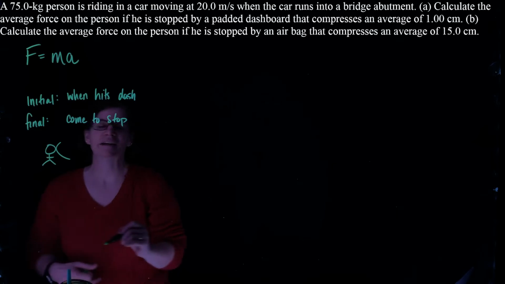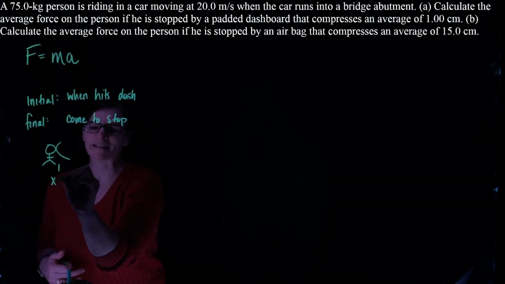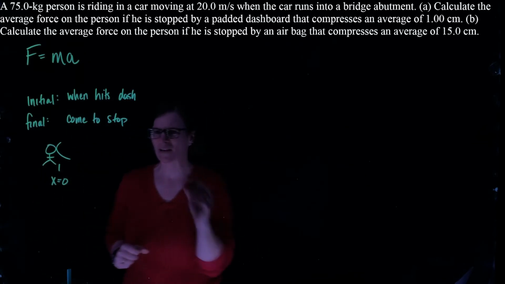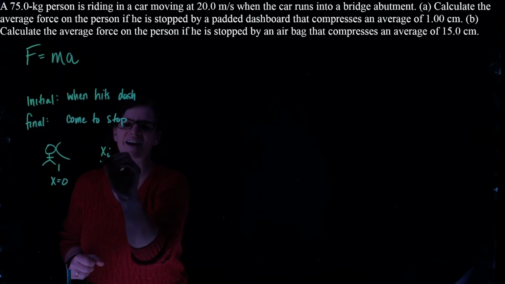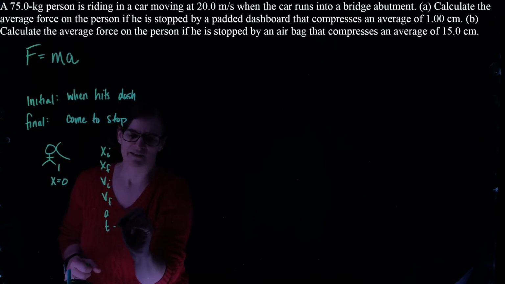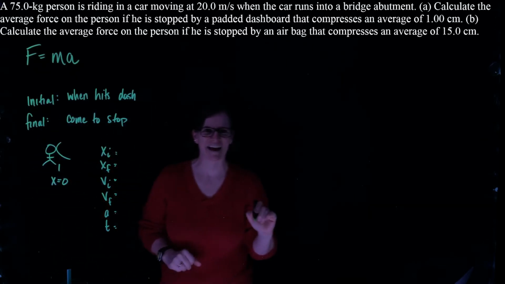There's my driver running into that dashboard. And we're going to call this our position equals 0, right at the point they hit the dashboard. Okay, so we're going to make our list of variables so that we can determine the acceleration and then get that average force.